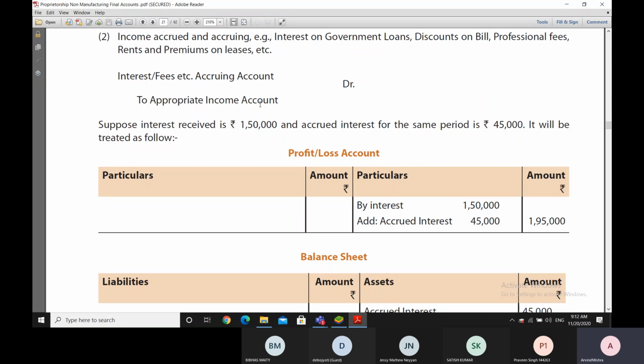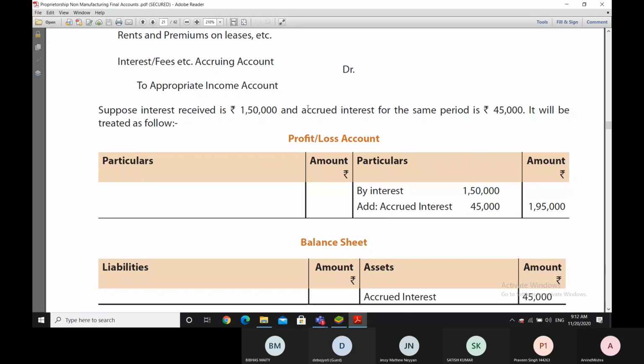Of course, the appropriate income account has been credited here, and this credit is to be transferred to the profit and loss account by debiting this appropriate income account and crediting the profit and loss account with a journal entry.